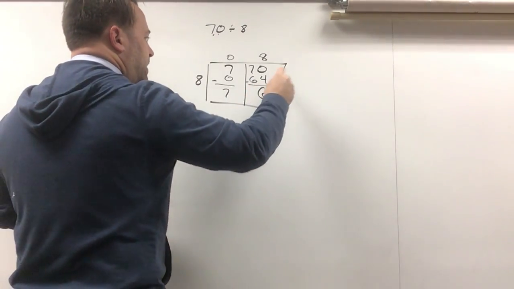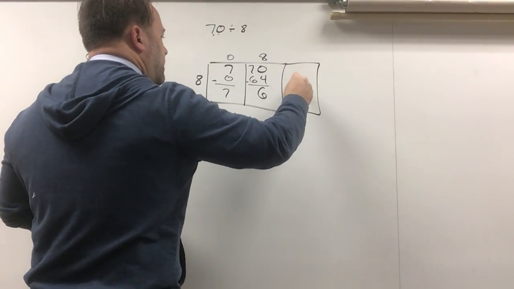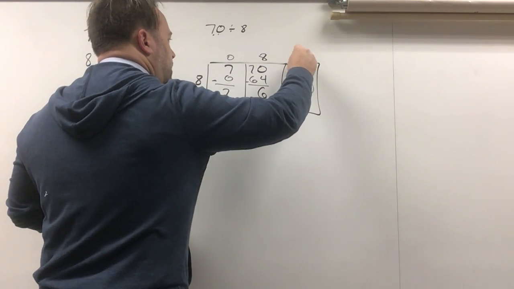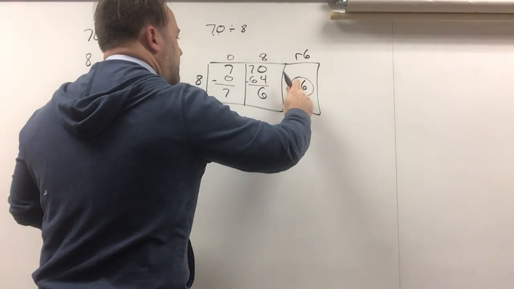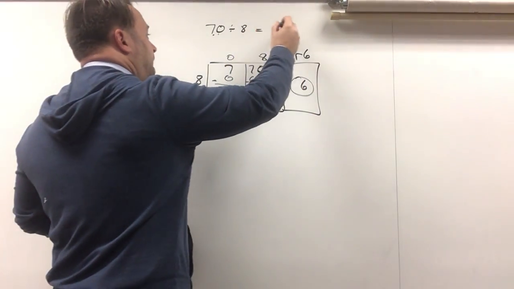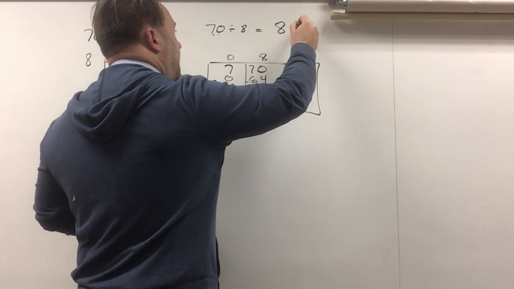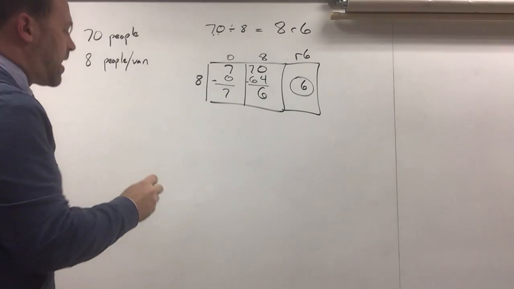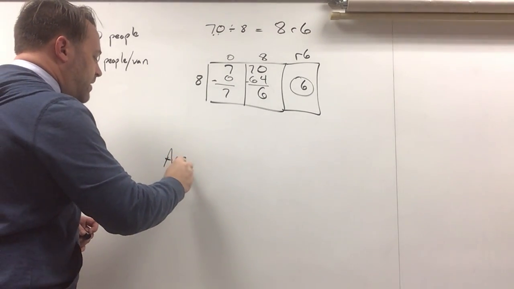The answer is 6, and that's going to be my remainder, or just R6. 6 in the circle, okay? So 70 divided by 8 is 8, remainder 6, okay?